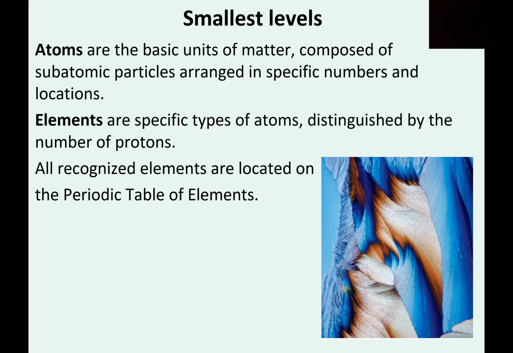Depending on which textbook, when they were published, there's an international congress that dictates what can be on the periodic table and what can't. They have to exist for a certain amount of time. Most of them have been found in nature. However, some have been created in a lab.